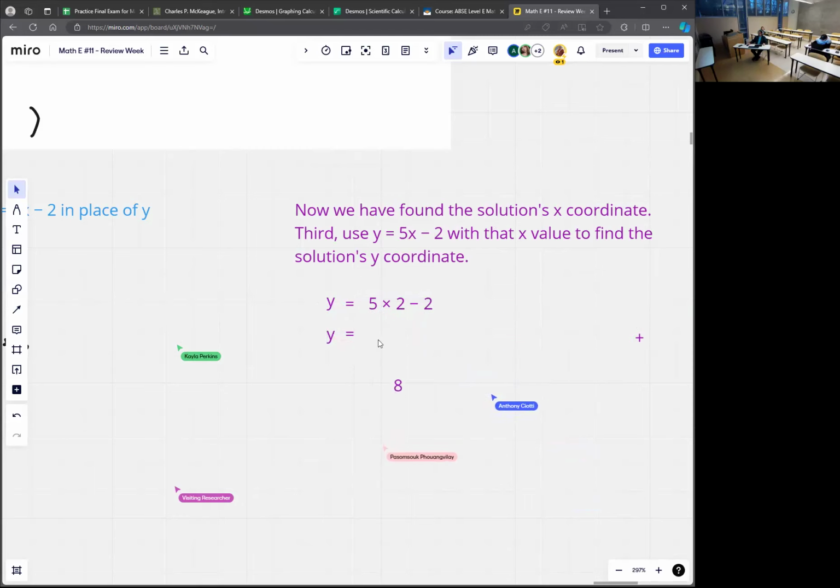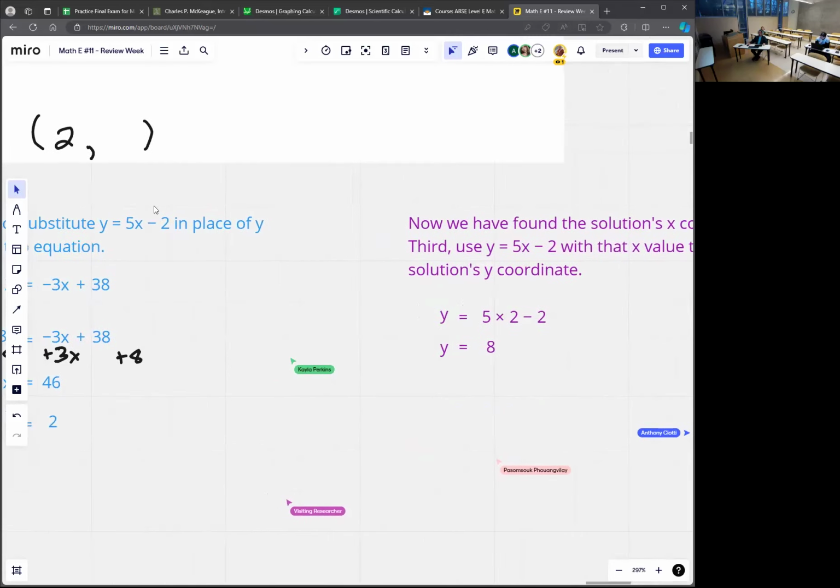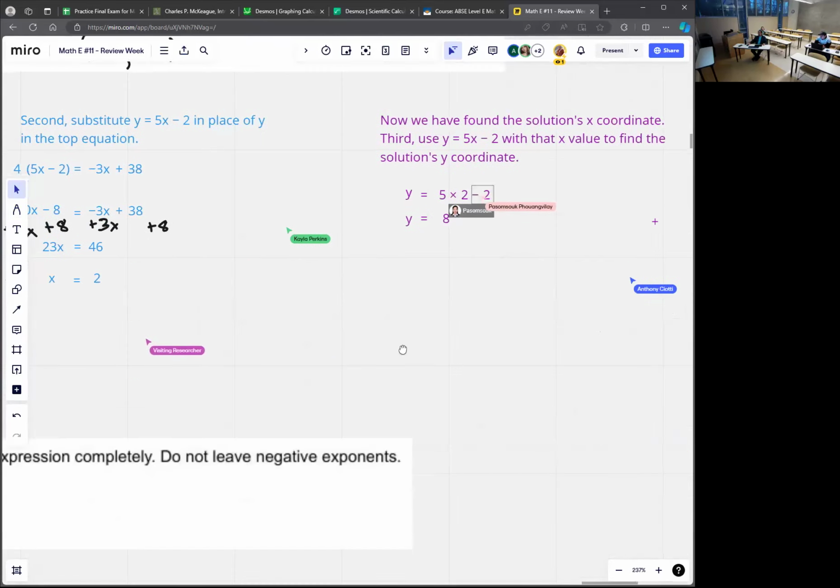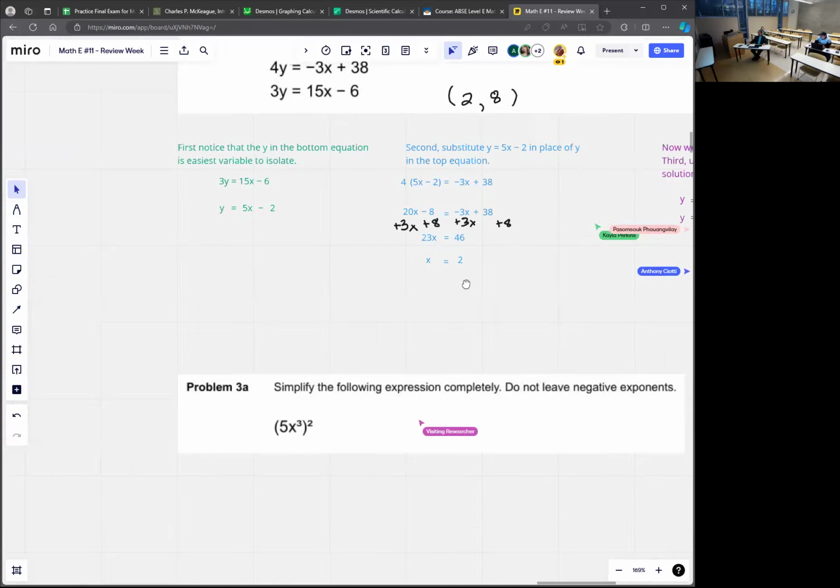That's just a red error, okay. 5 times 2 is 10, minus 2 is 8. So we plugged in the 2 and we found out that if x is 2, then y is going to be 8. Oh, so that's what was throwing me off. I was thinking if I should do a dot for multiplication, but that didn't seem to work right anyway. Pardon me for that.